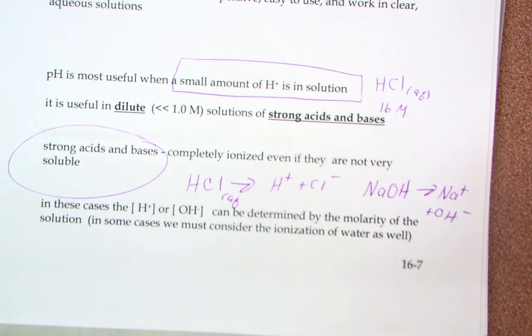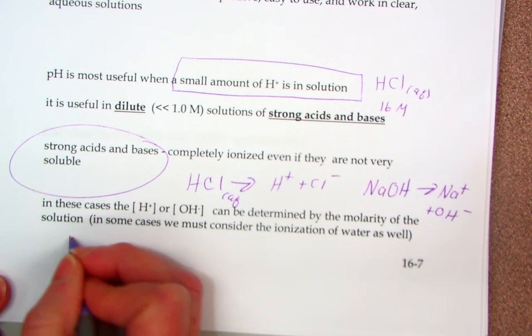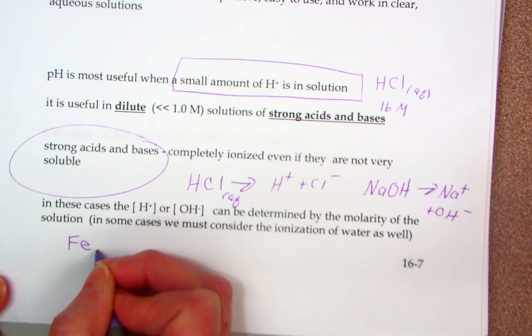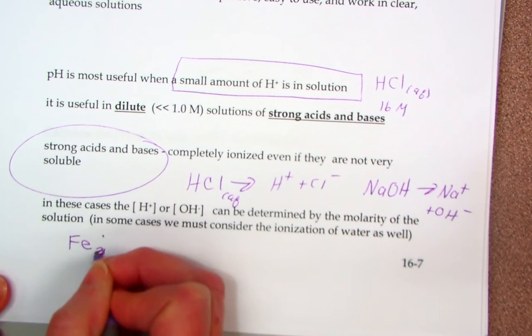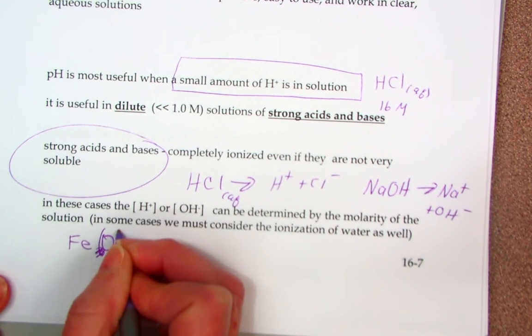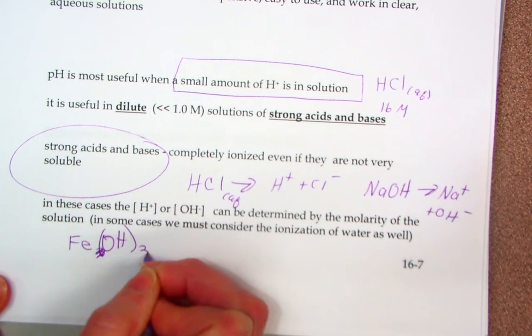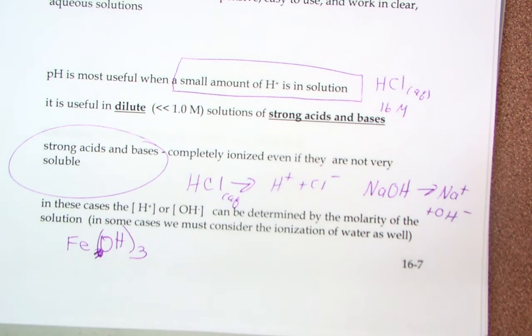If we think about something like iron hydroxide, say iron 3 hydroxide, iron 3 hydroxide dissolves only a little bit. Mostly it sits on the bottom of the container.